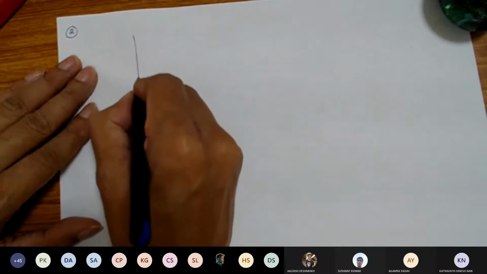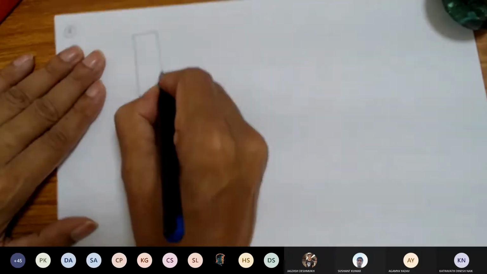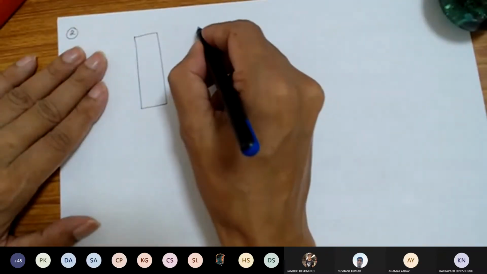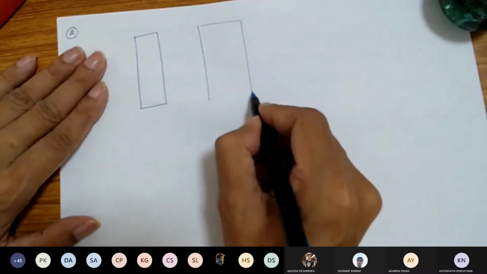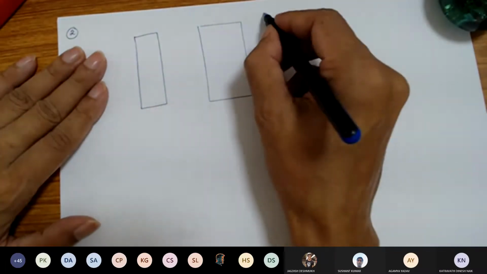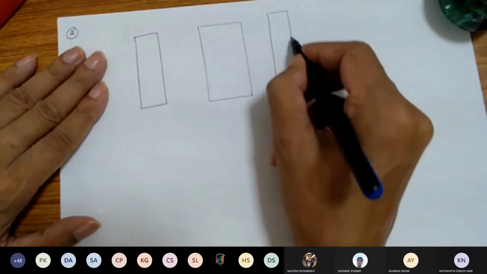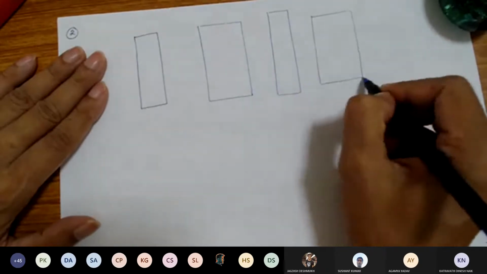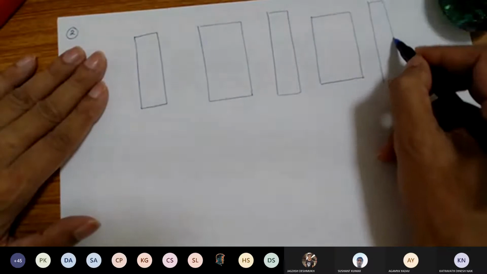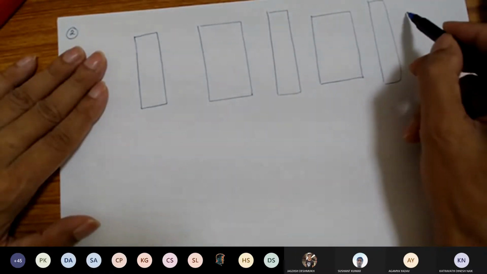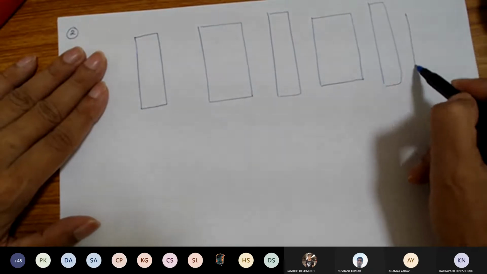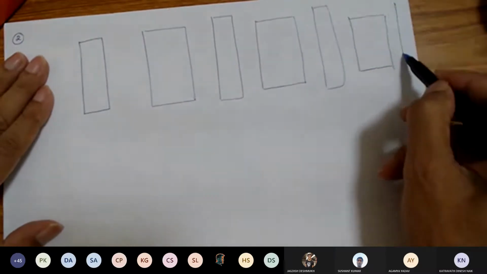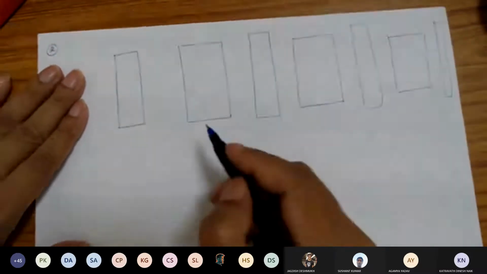So we can now summarize this as a circuit like this. We can have something like this.